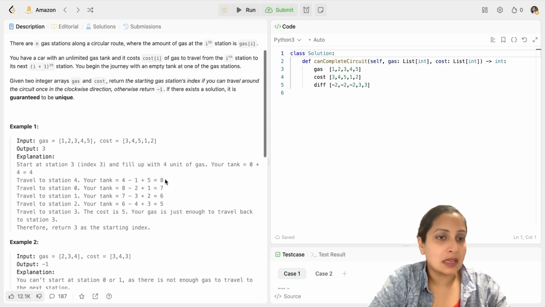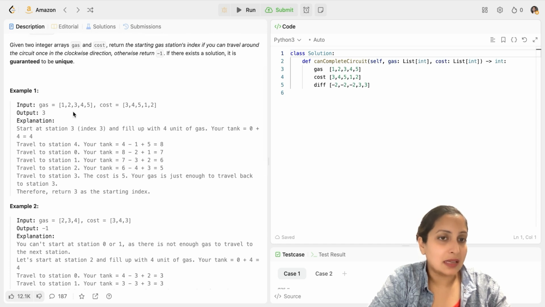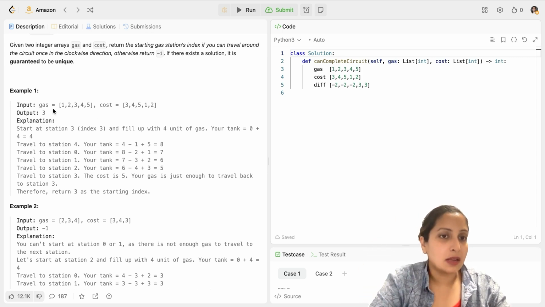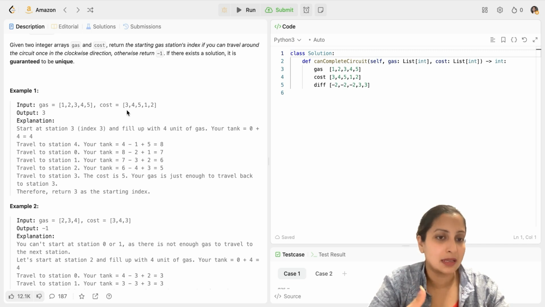So I will take this example here. You have a gas array and these gas stations are organized in a circular manner. So gas 0, gas 1, gas 2 are different gas stations, okay? And then this cost is the amount of cost you have to pay to travel from that particular gas station. So how can you proceed from a gas station? When your gas minus cost difference is positive.